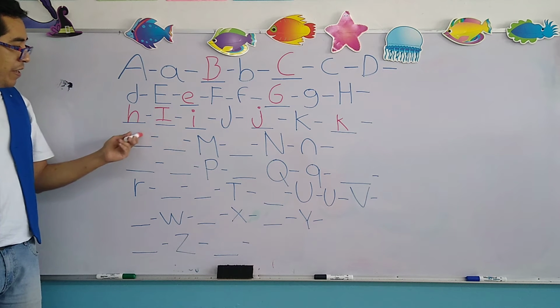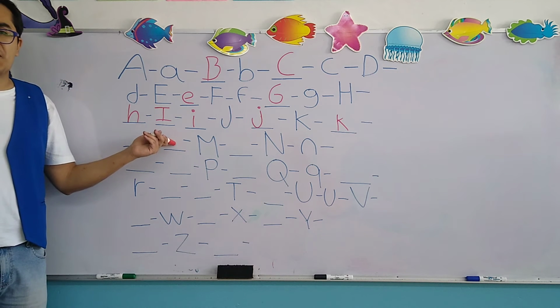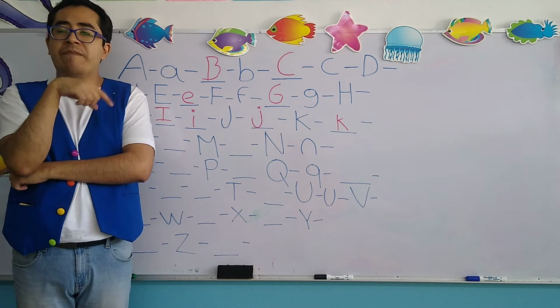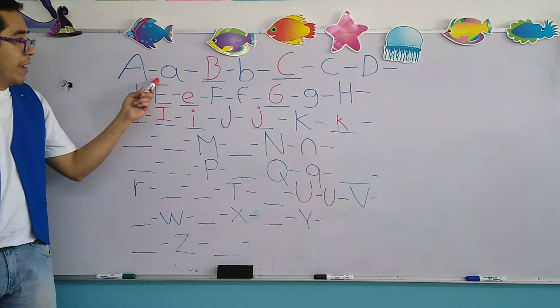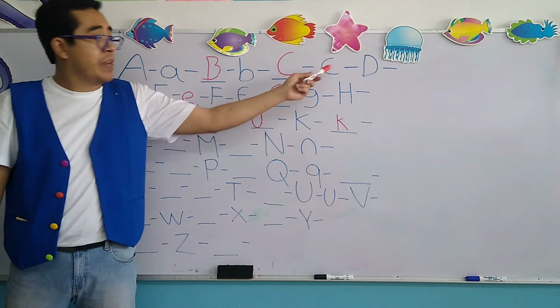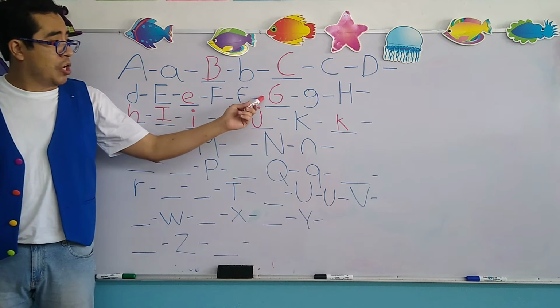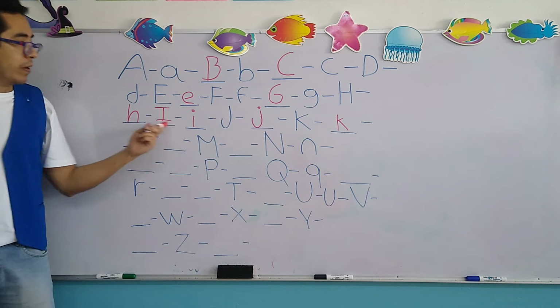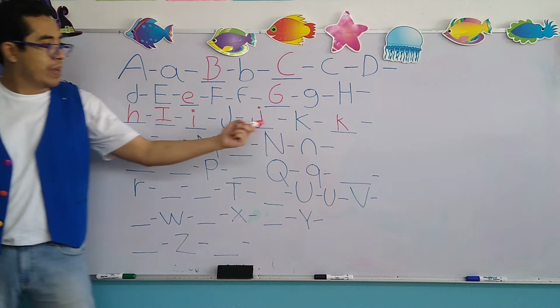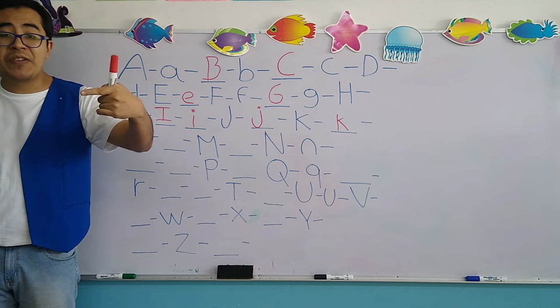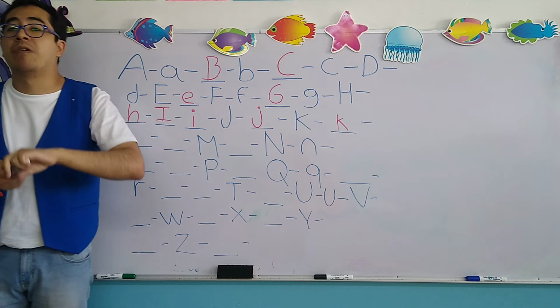Wow, okay, once again, here we have two blank spaces. Now, let's memorize and let's review the alphabet once again. A, B, C, D, E, F, G, H, I, J, K, L. So the next letter, L in both forms.